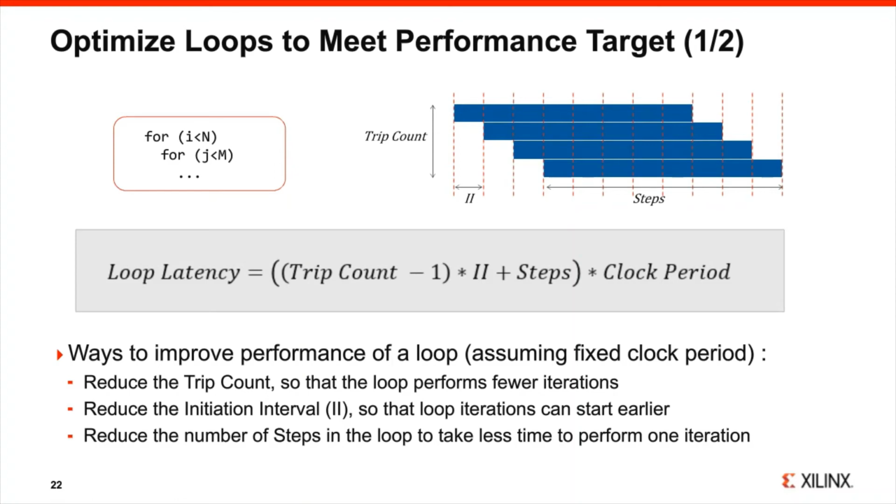II, or initiation interval, is the number of clock cycles between the start of two consecutive loop iterations. As shown in this figure, the loop latency is a function of them all. So reducing any of the three factors will improve the total latency. Here, we suppose the clock frequency is fixed.